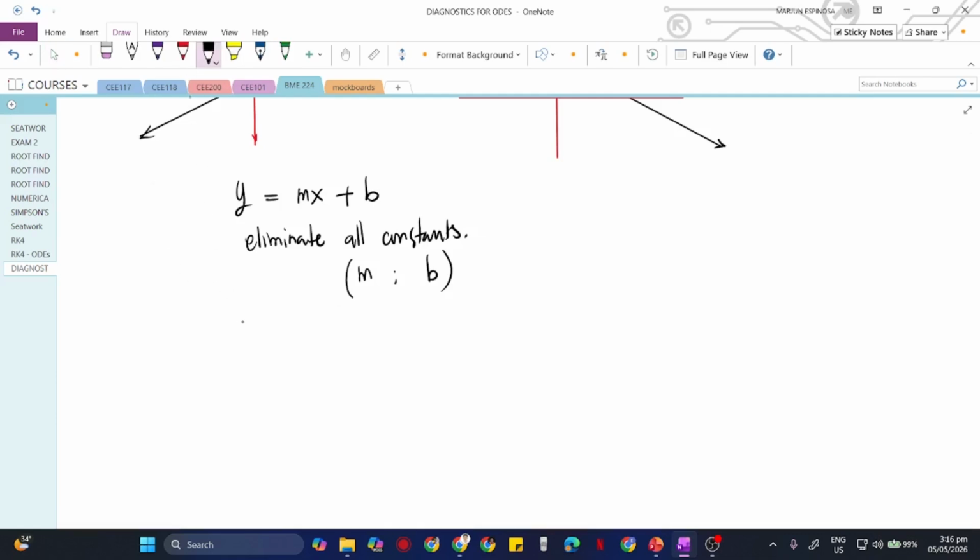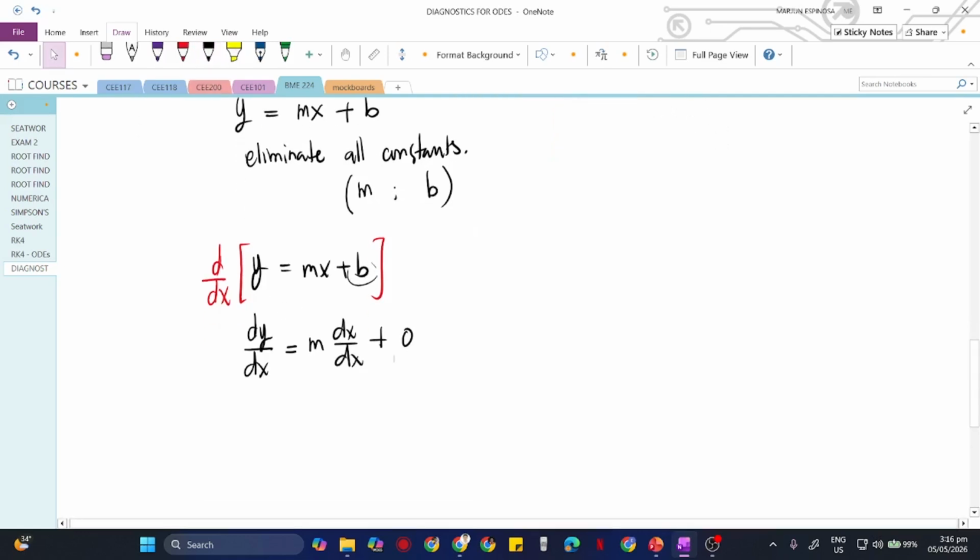So meaning to say, okay, we have here y equals mx plus b, and what we need to do is basically differentiate this one with respect to x. So that would give us dy over dx equals m dx over dx plus, etong b is a constant, so that would give us a 0.